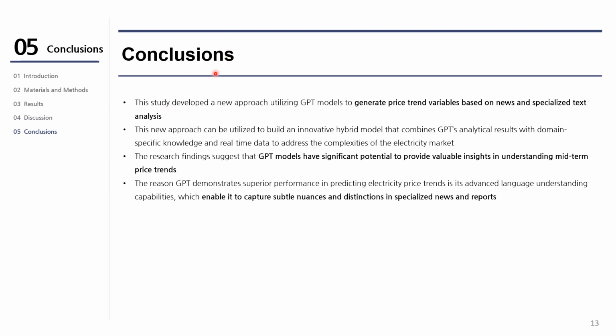Finally, the conclusion. This study developed a new approach utilizing GPT models to generate price trend variables based on news and specialized text analysis. This new approach can be utilized to build an innovative hybrid model that combines GPT's analytical results with domain-specific knowledge and real-time data to address the complexity of the electricity market.